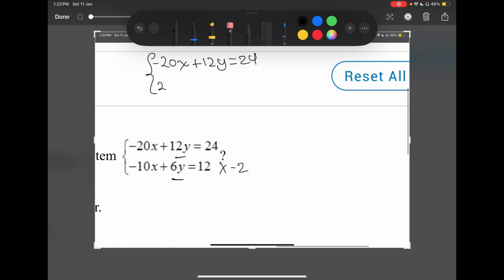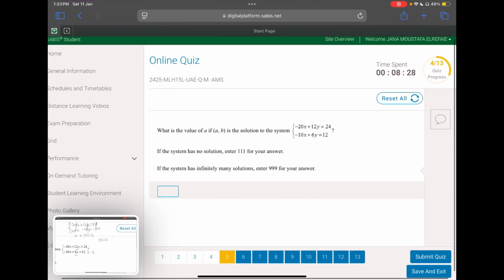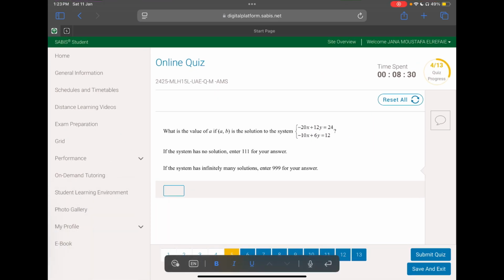And down is going to become 20x minus 12y equals -24. We can cancel these out, it's going to become 0. So 0 equals 0. And as I told you at the start of the video, 0 equals 0 means infinitely many solutions. So in this case, we would be typing 9, 9, 9.